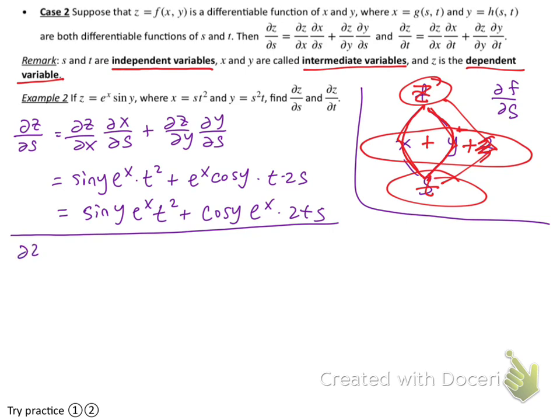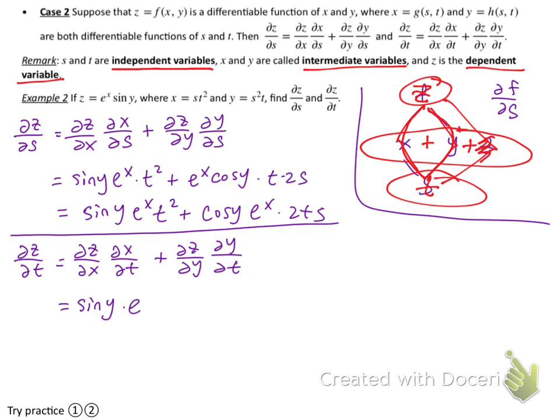Now the second one, partial z partial t, will be partial z partial x times partial x partial t, plus partial z partial y times partial y partial t. So partial z partial x will be sine y as the coefficient, and the derivative of e to the x is still e to the x.